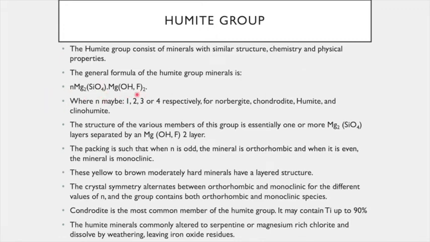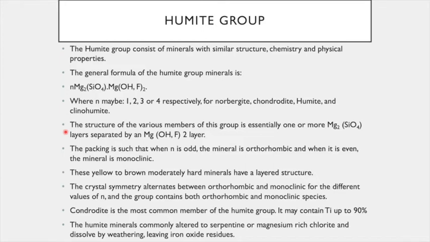Now in this formula, this n is variable. It could be 1, 2, 3, or 4 respectively for norbergite, chondrodite, humite, and clinohumite, while this remains the same, but this is variable. Now how is the structure of this humite group mineral?